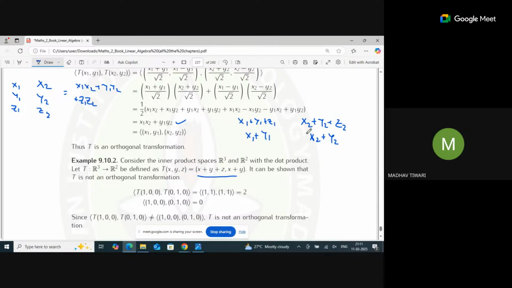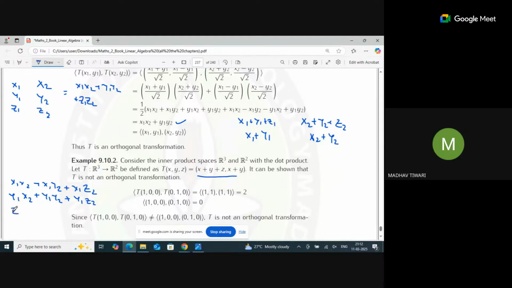So if I do dot product here, what I will get is x1 x2 plus x1 y2 plus x1 z2, sorry. Okay. And then I will have y1 x2, y1 y2 plus y1 z2.